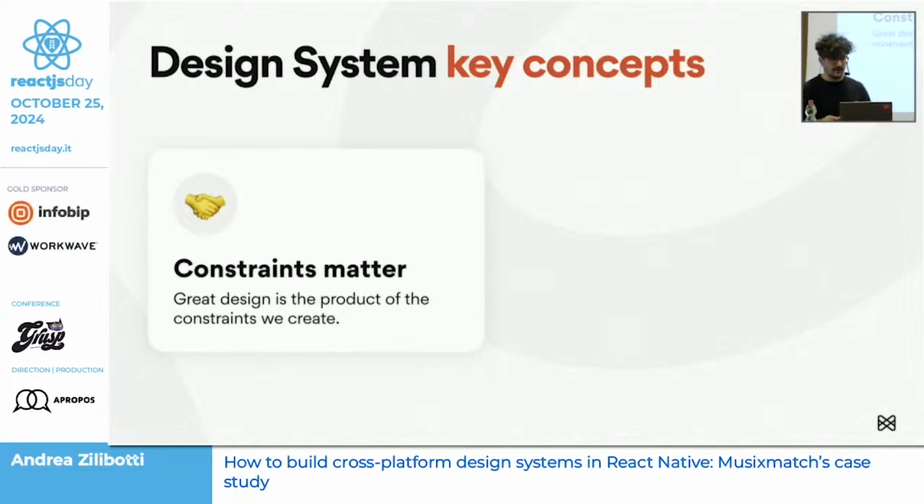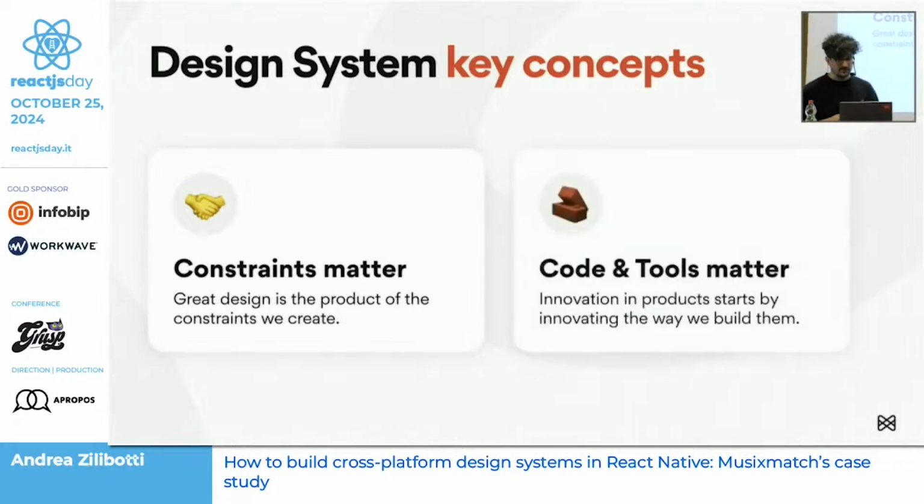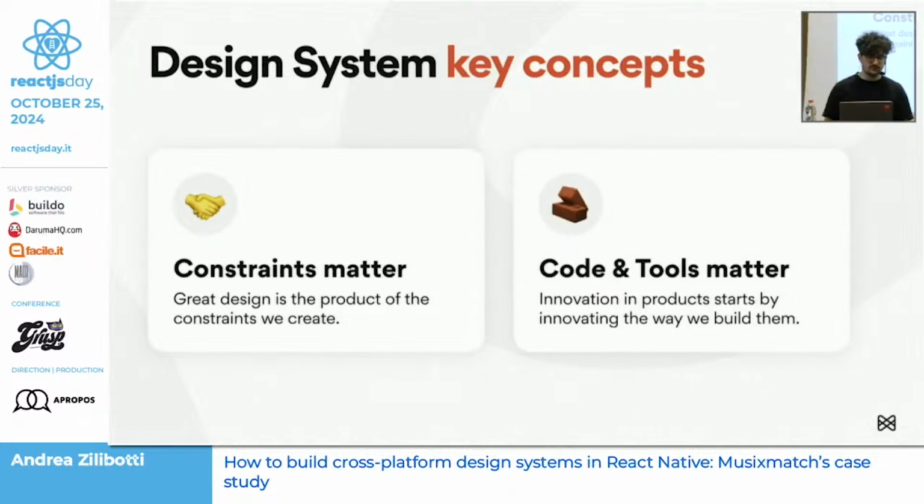So it's a way to go beyond and find new solutions when it comes to design. And also, code and tools matter because it's very important to understand the technology, to understand the tools for testing components, documenting components, everything that is part of this huge game.